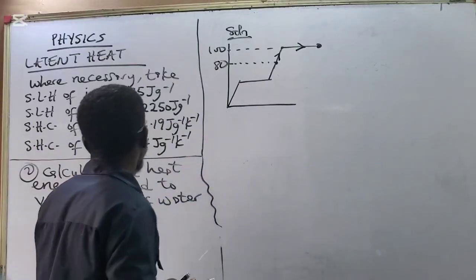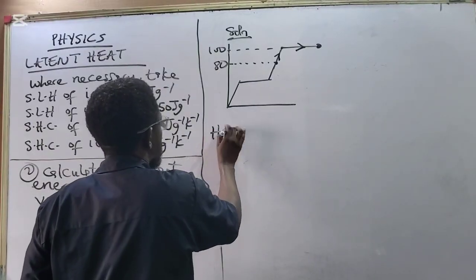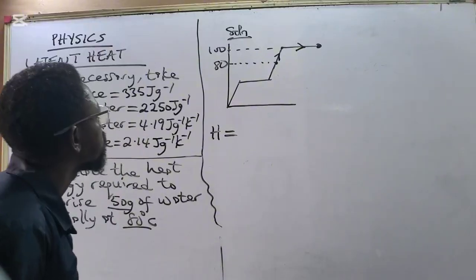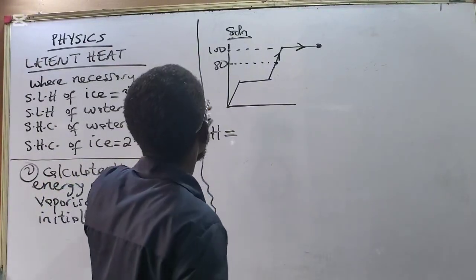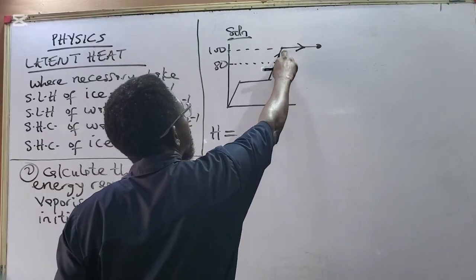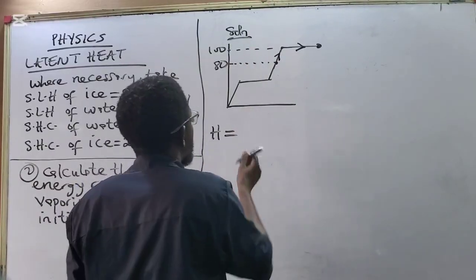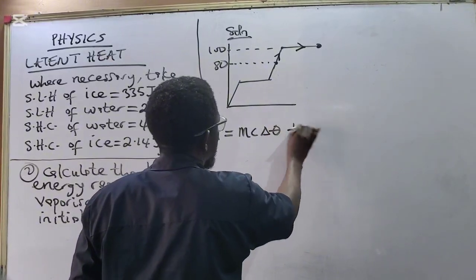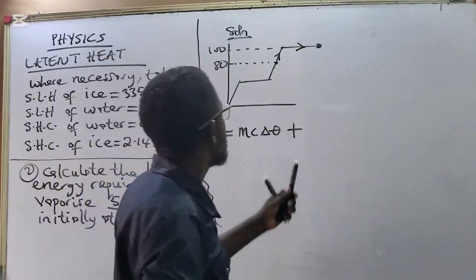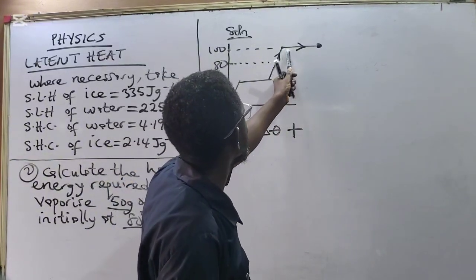So what I'll do is calculate the heat required to convert water at 80 to water at 100. There's an increase in temperature, so I'll have MC change in theta, plus the heat required to vaporize water at 100.